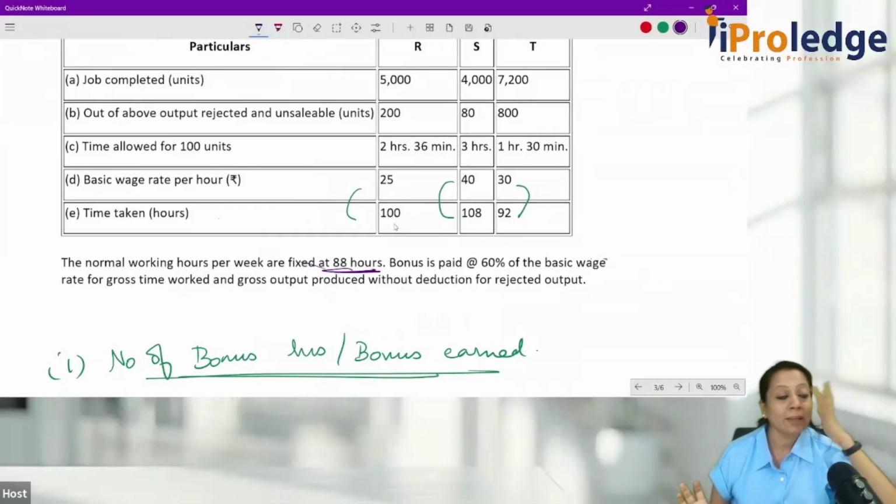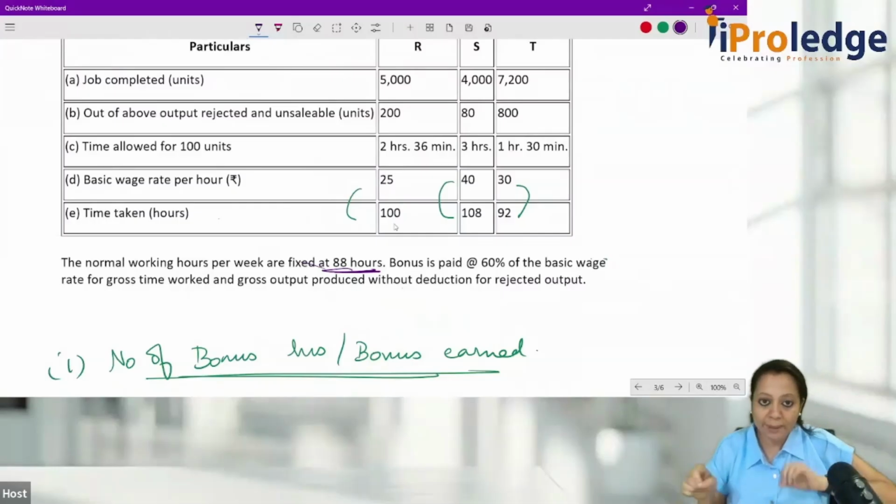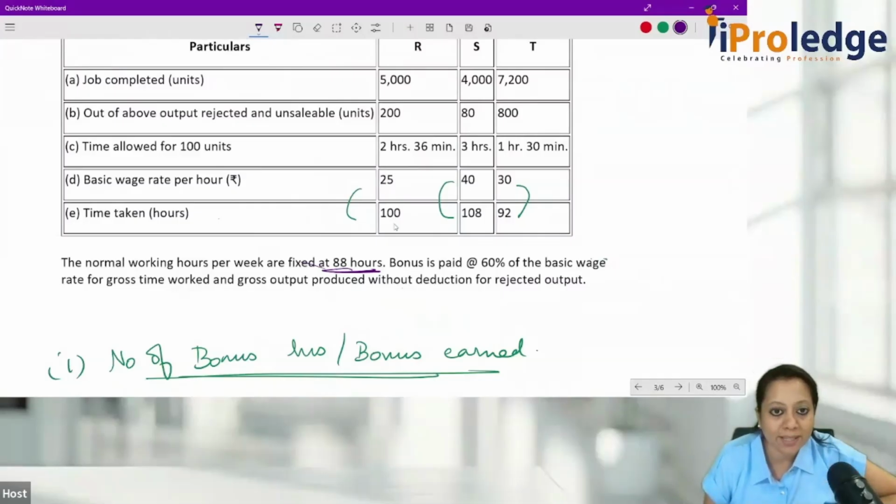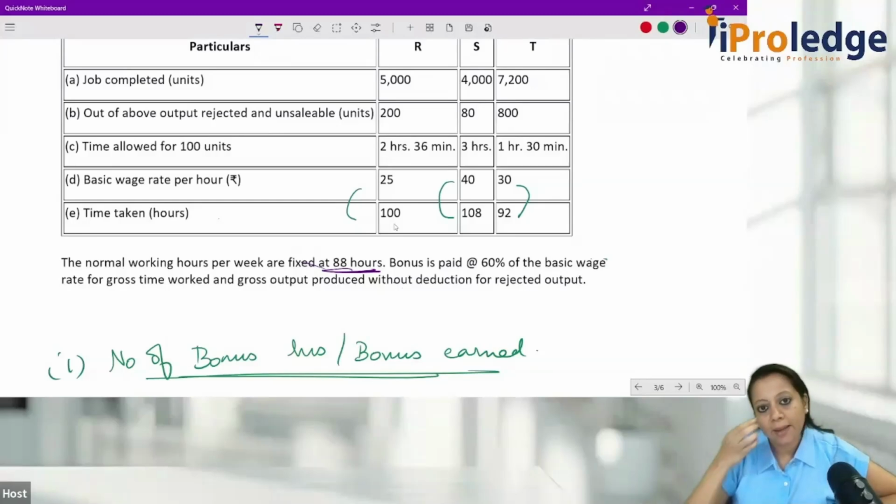Is it logical to take time saved? Logically, I gave Bhumika 10 hours. She finished in 9 hours, but she might have taken 3 days. 3 days, 9 hours is not overtime. Overtime means, normally I should work 8 hours in a day. I have worked 8.5 hours, which means half an hour is actually overtime.